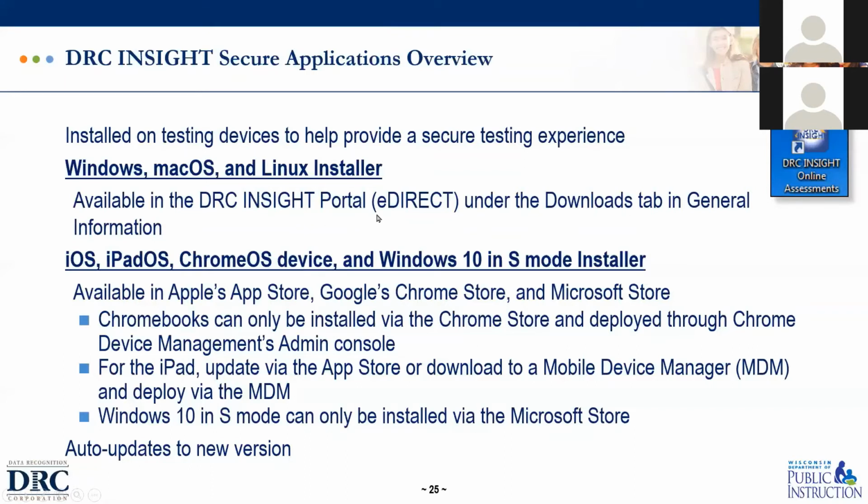The same applies to the Windows, Mac, and Linux installers. You can download them one at a time or use your software distribution mechanism of your choice to move and install that software within your environment. The one exception to all of this is Windows 10 and S mode. It can only be installed from the Microsoft Store, and that is by Microsoft's design.